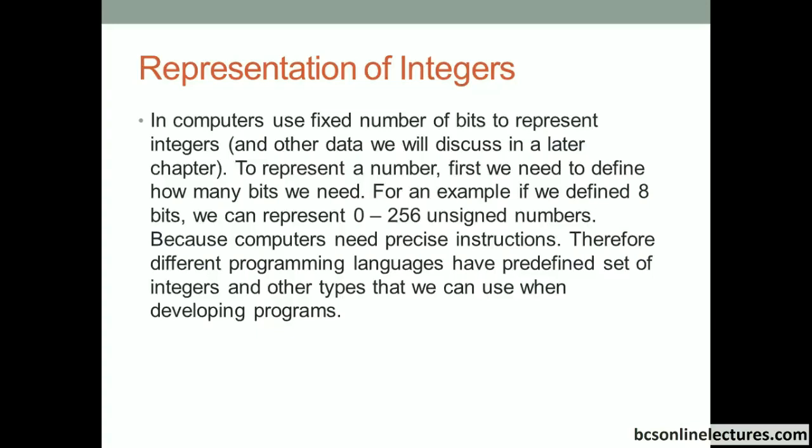For example, now let's come to this example in the slide. If we define 8 bits, right, we can represent 0 to 255 unsigned numbers. Unsigned means there's no sign, so we don't need to worry about sign. If there's no sign, we have no problem. With 8 bits, we can represent 0 to 256 unsigned numbers, because computers need precise instructions.